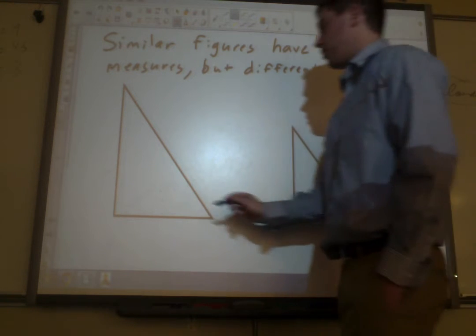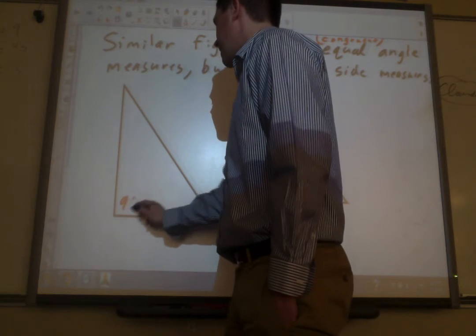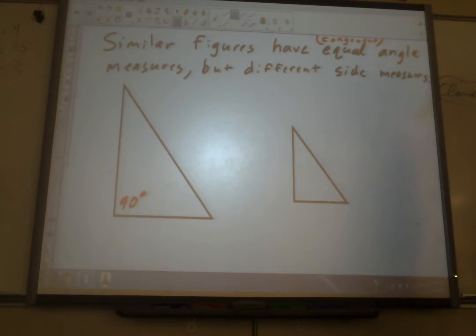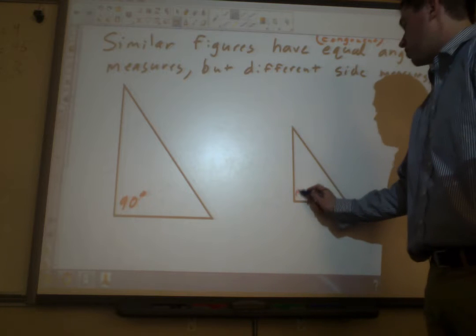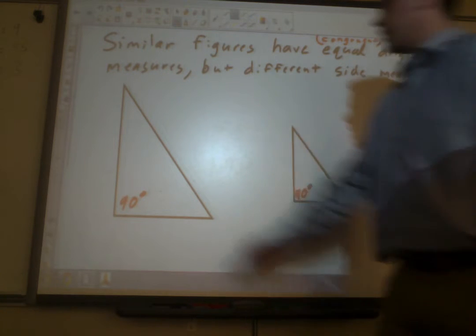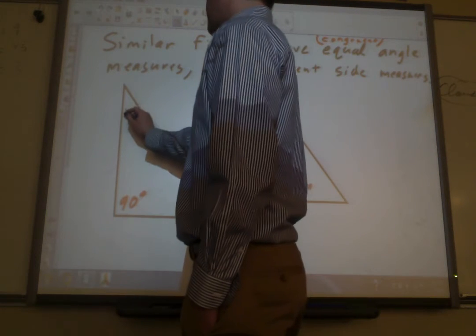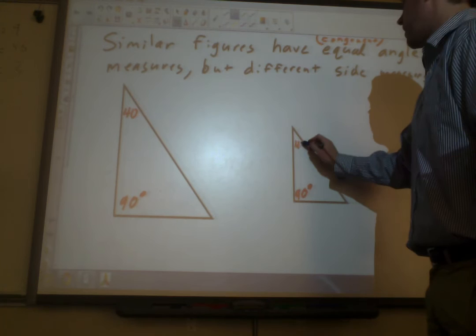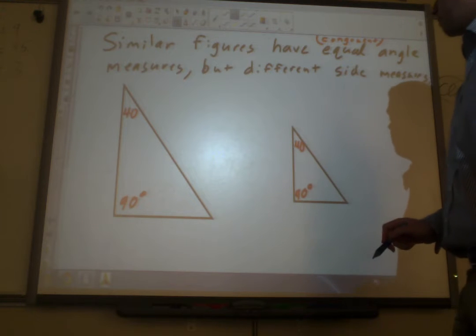So, for example, if this angle is 90 degrees, in order for these two shapes to be similar, then this angle also has to be 90 degrees. Let's say this angle is 40 degrees. This angle also then has to be 40 degrees.